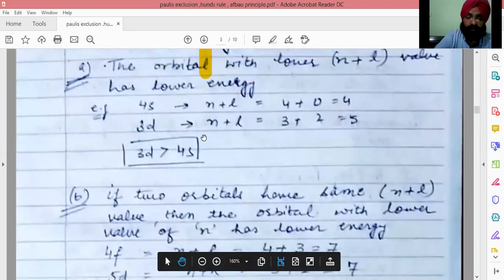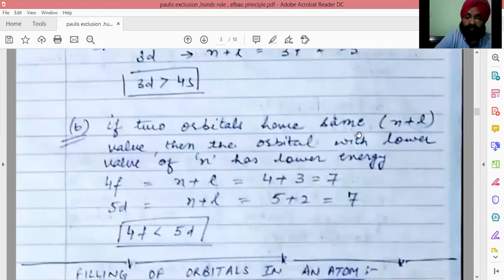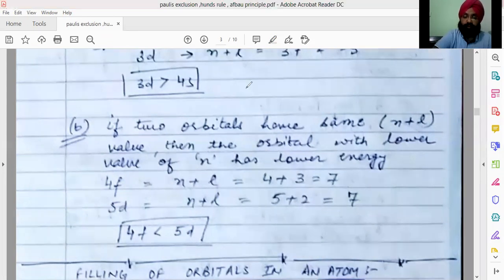Now, this is the second feature of Bohr-Bury. In the case of n plus L, if one has a higher value and one has a lower value, the one with the higher value has higher energy.